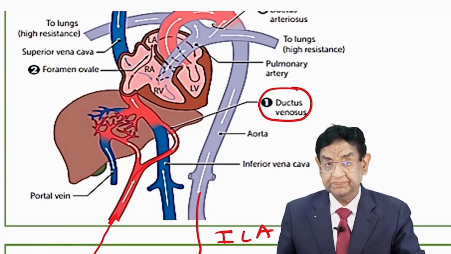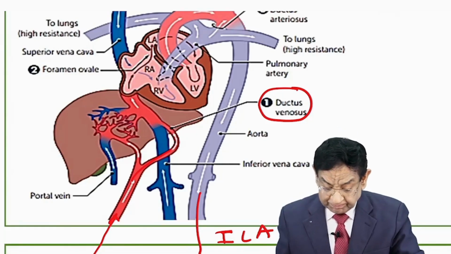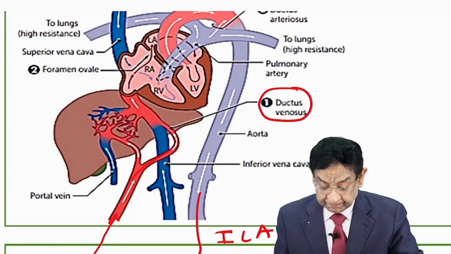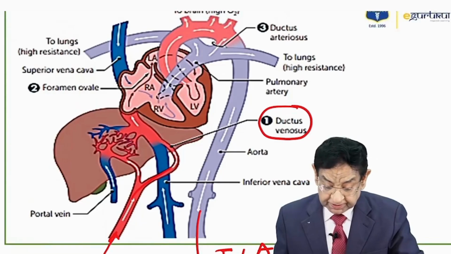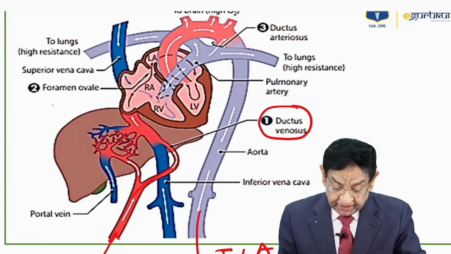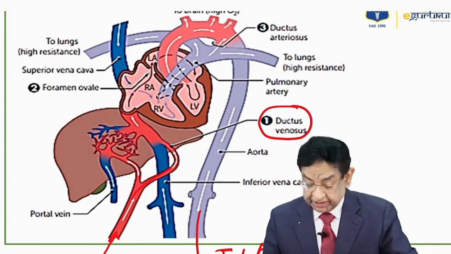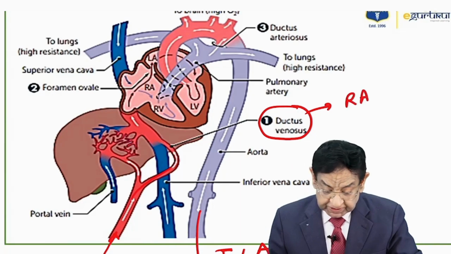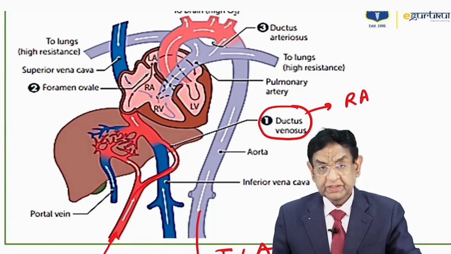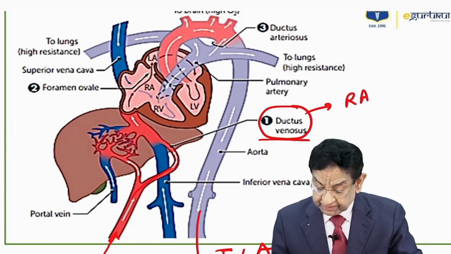Note it down. It is bypassing the liver, okay, ductus venosus, and it is coming to the heart. Heart means right atrium. So from here the blood will go into the right atrium. This is the right atrium. So first, this was the bypass.